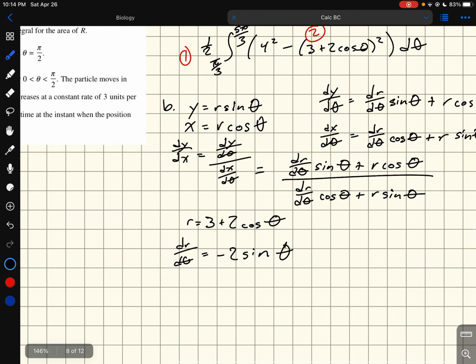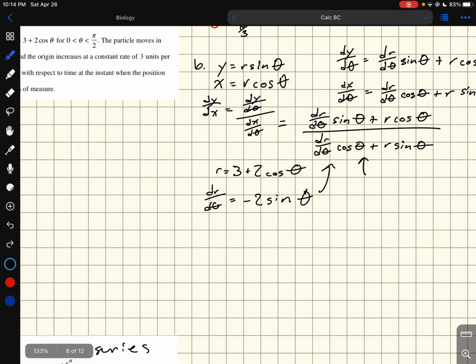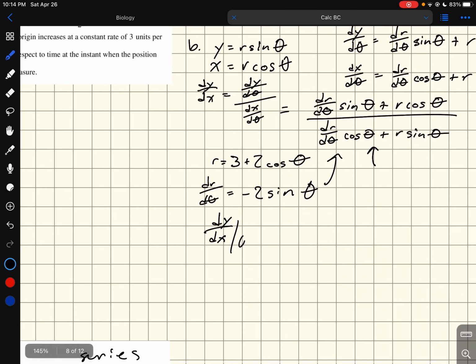Okay. So now we're going to put dr d theta where we have dr d theta, and we're going to put a pi halves where the theta is. And remember your notation. You put that line and then you draw your theta, theta of pi halves.